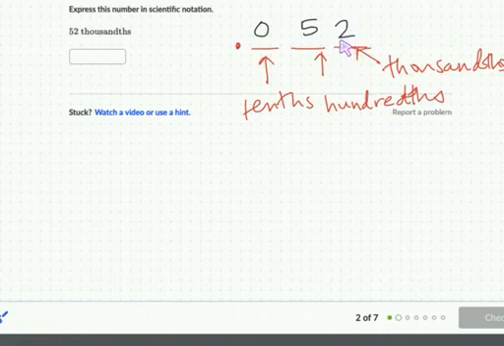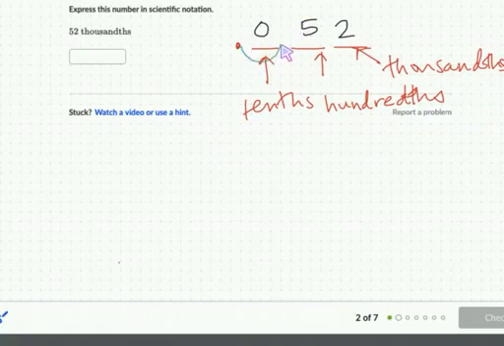Without the 0, if I scooched it over here, it would be 52 hundredths. So we want to make sure it reaches the thousandths place. Now they want us to write it in scientific notation. So I need to make sure that I am counting how many times this decimal place is moving over so that it is still a number between 1 and 10.